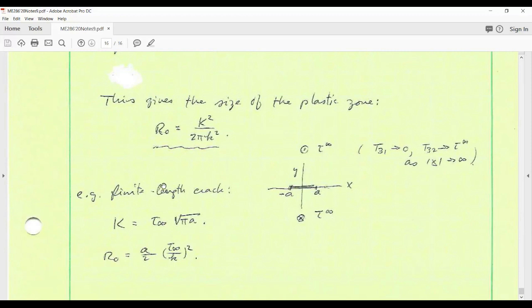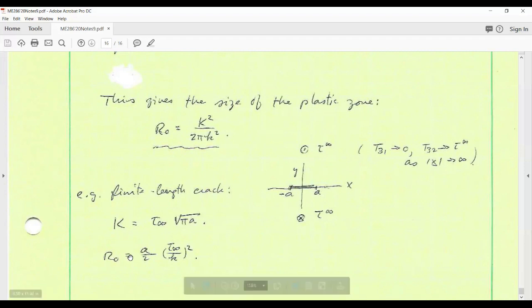For this case, the stress intensity factor is relatively easy to get and is well known. Say A is the half crack length, so 2A is the length of the crack. We'll center it here, put its center right at the origin of coordinates. K is this prescribed far field stress times root pi A, where A is the half crack length.